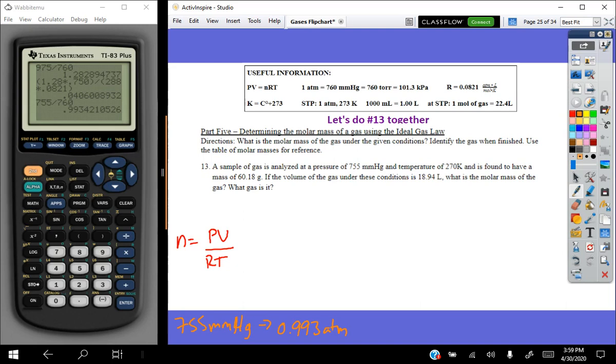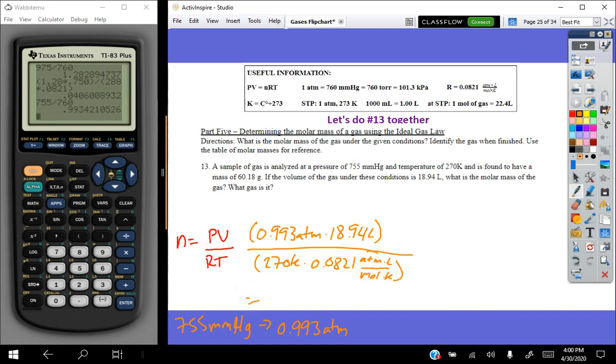So then we're going to go 0.993 atmospheres times 18.94 liters. Oops, sorry, not 755, I already converted. And then on the bottom, I've got 270 Kelvin times 0.0821 atmospheres liters per mole Kelvin.